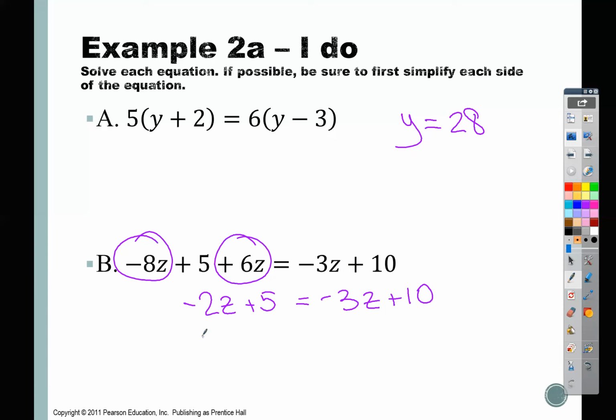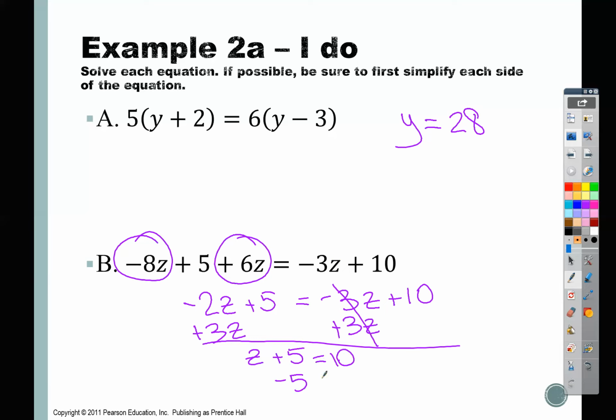In this case, I'm going to add the 3z to both sides so that, again, I can have a positive variable. So I get 1z plus 5 equals 10. By the way, my z's have lines, just in case you didn't know that already. Subtract 5 from both sides, and I get z equals 5.